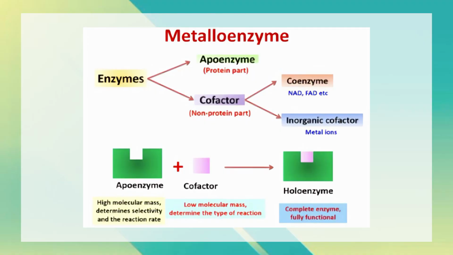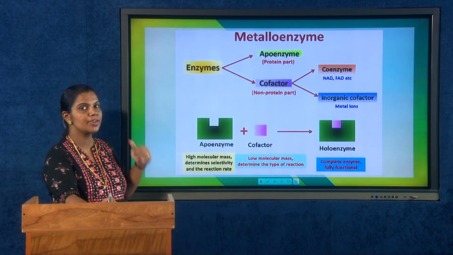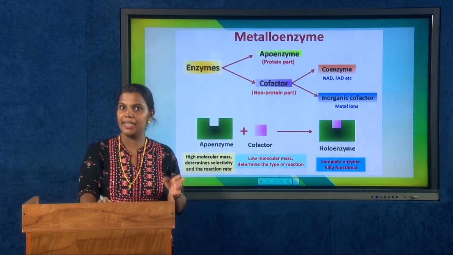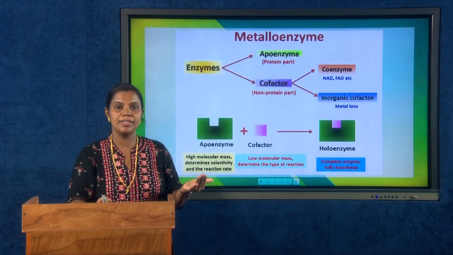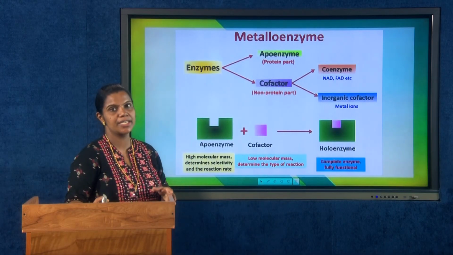Now we move on to another set of biomolecules, that is the metalloenzymes. In the last few slides, we have seen different types of metallobiomolecules containing different metals and protein chains attached to them.